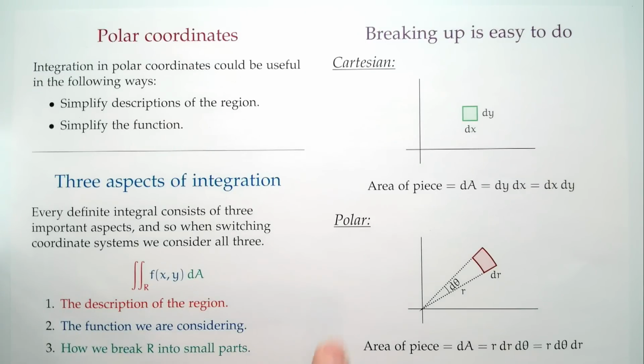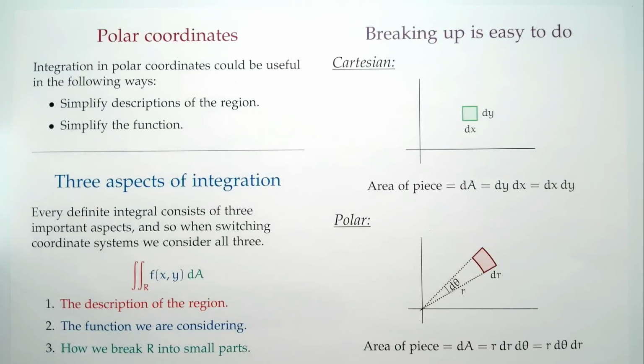Now when we talk about polar coordinates, what happens? Well, in polar coordinates, we're going to perturb our variables again, but our variables are now r and theta. So I do a little bit of change in r, and a little bit of change in theta, and what I get is this piece here.